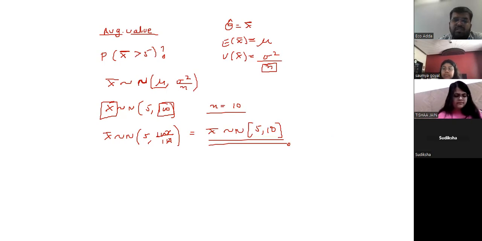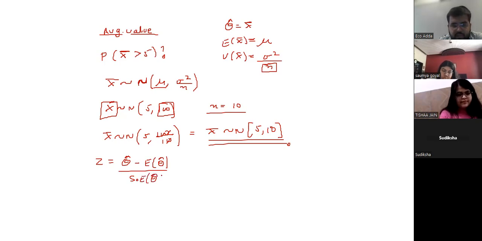Yeah. In this case, the formula for z is theta hat minus expectation of theta hat, divided by standard error of theta hat, or standard deviation of theta hat. Theta hat is my x bar, expectation of x bar is mu, and standard deviation of x bar is sigma by root n.